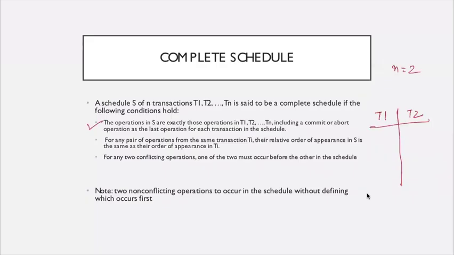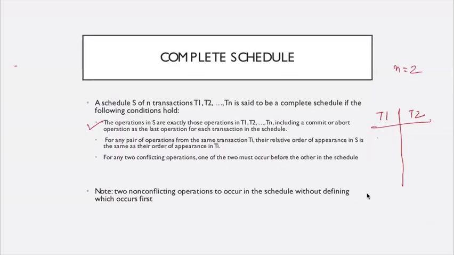First one, the operations in S are exactly those operations in T1, T2, including a commit or abort operation as the last operation of every transaction. So we know that the last operation of any transaction is either a commit or an abort if there is a failure. So in the schedule, when we show the interleaving of the operations, it must contain the same operations that are there in transactions T1 and T2.